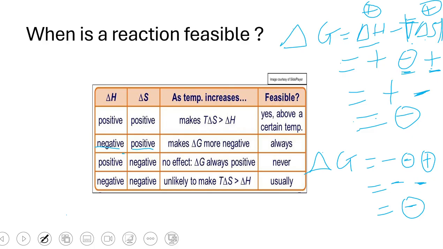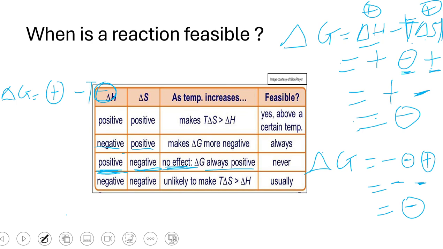And it can also be when the enthalpy change is positive and the entropy change is negative. There will be no effect, and the delta G will always be positive. Because if we look through here, the enthalpy change is positive, minus a negative value, and T is here.